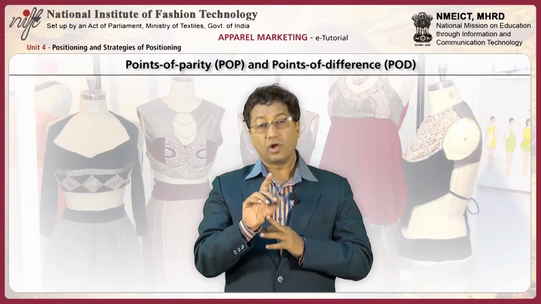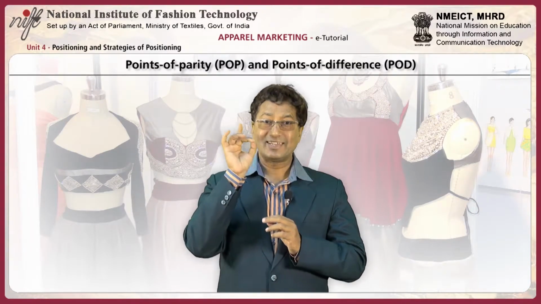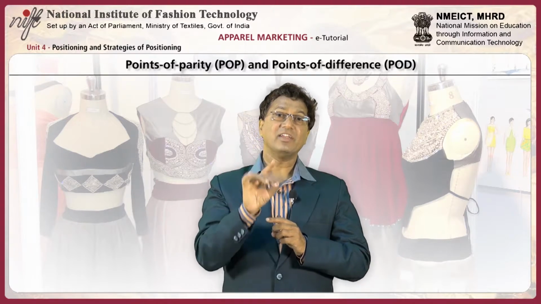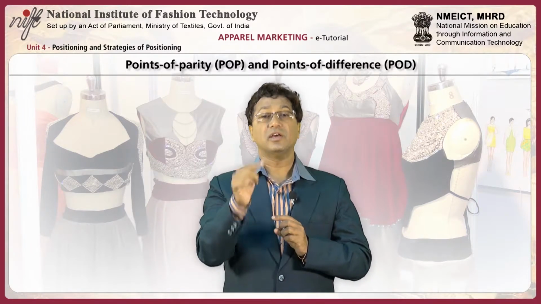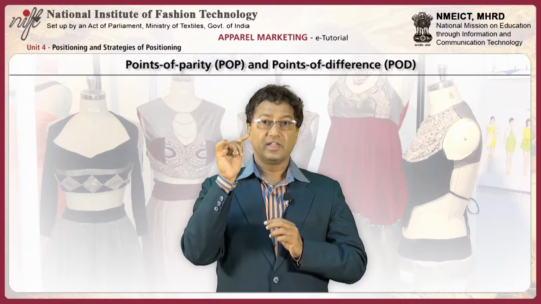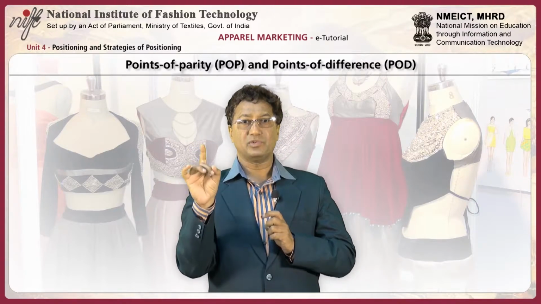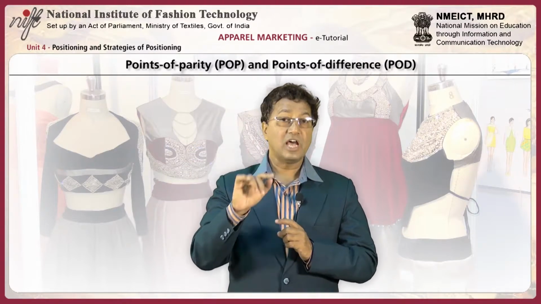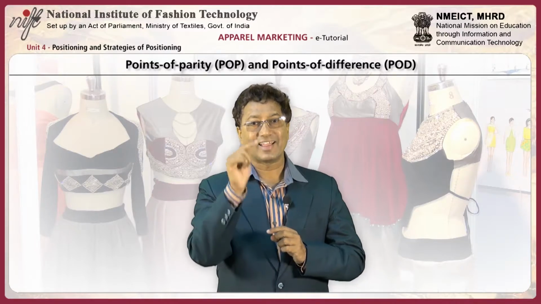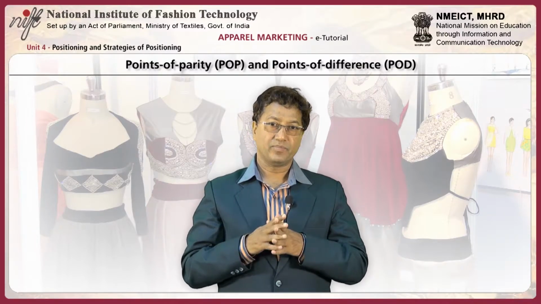The brand or product must be considered as having equal or similar, on par with key attributes or benefits as offered by the major offerings in the category, that is POP.